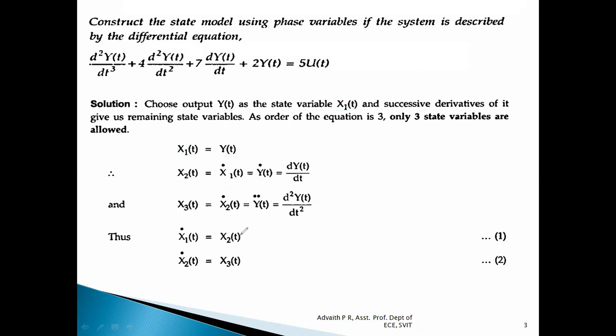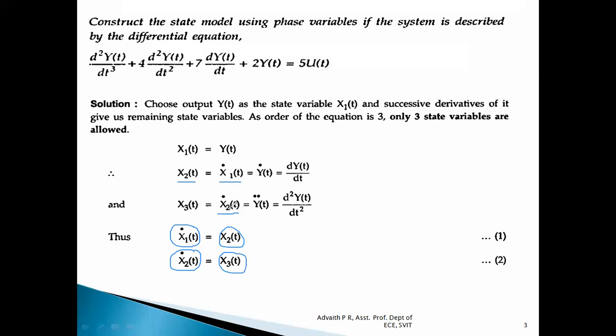Clearly, if we observe, dx1 by dt is nothing but x2 of t. How have we got that? If we observe here, this x2 of t is nothing but dx1 by dt or x1 dot of t. Similarly, x2 dot of t equals x3 of t.